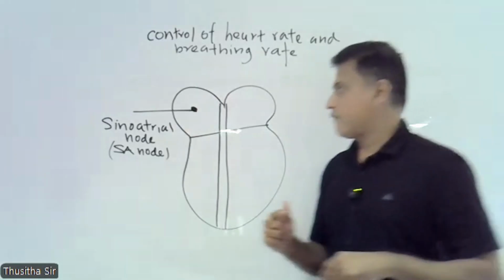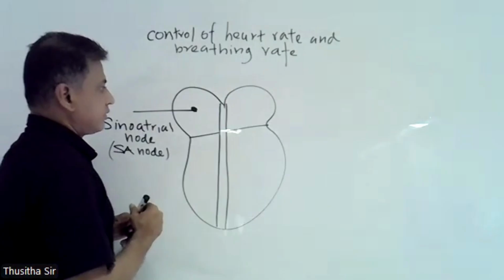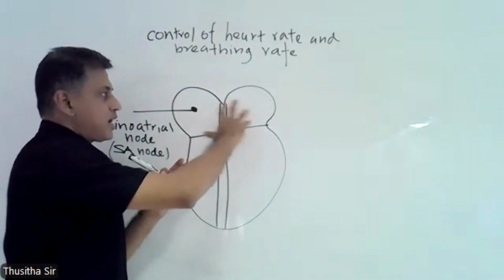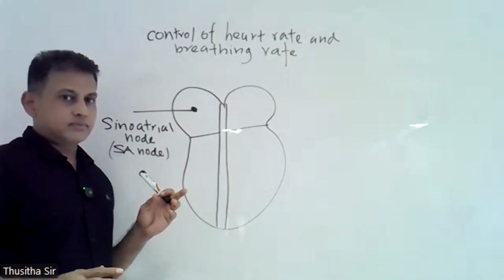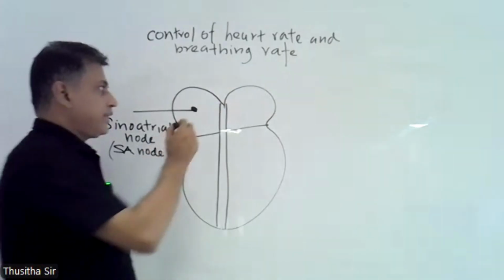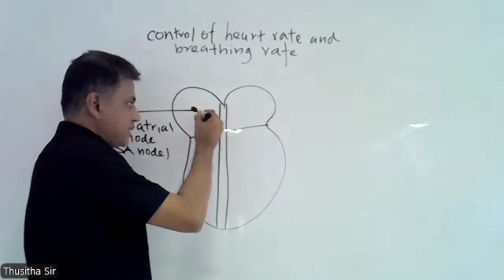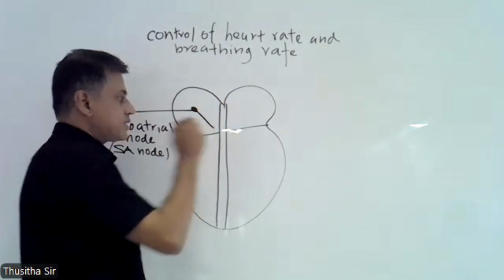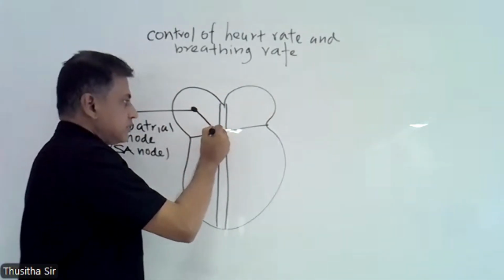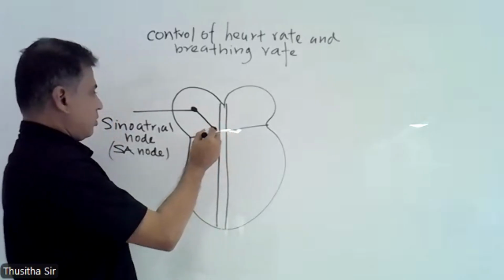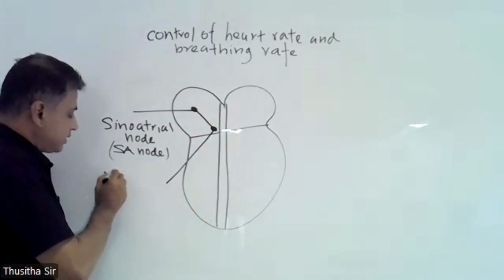Then when it depolarizes, it needs to pass to the other side of the heart. There is another group of specialized muscle cells organized like a line, ending here at the AV node, the atrioventricular node.